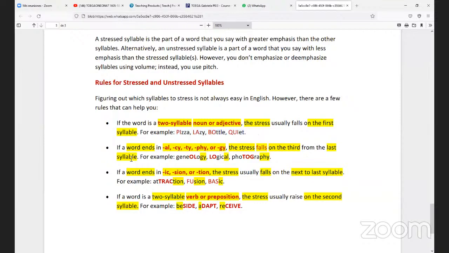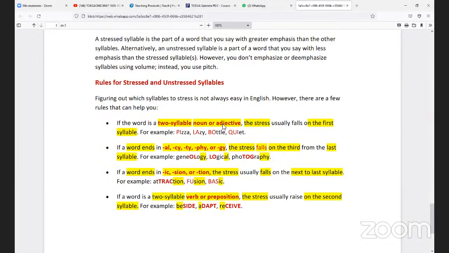What happens in many words where we have special endings, and these are the special endings: al, c, t, f, or g. The stress in these endings is going to fall, okay? In most cases, it is going to be in the third position, with three syllables, maybe.